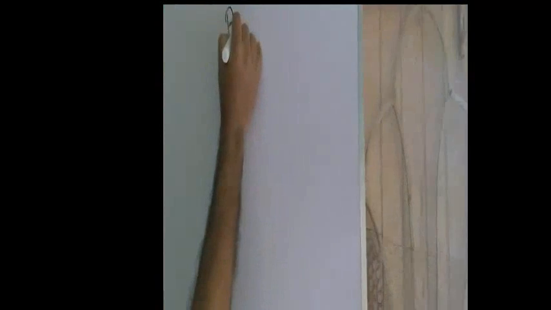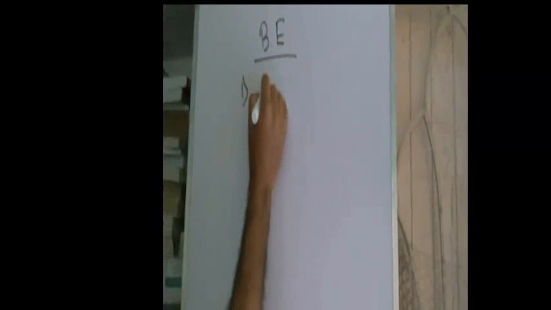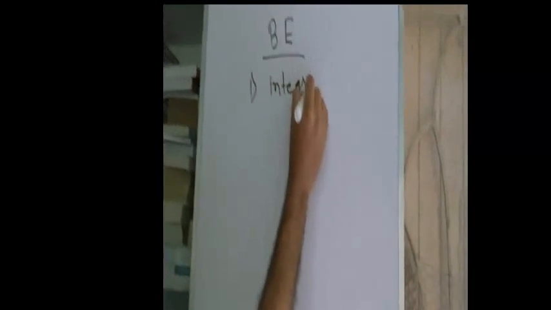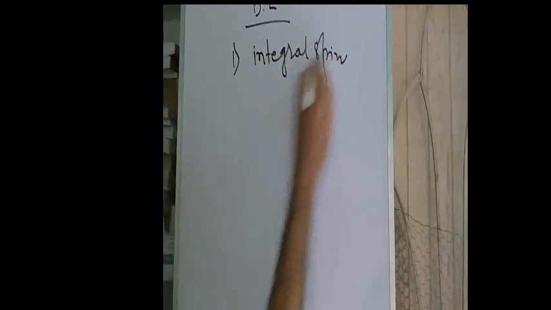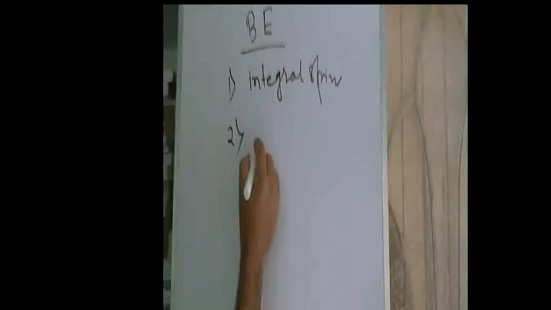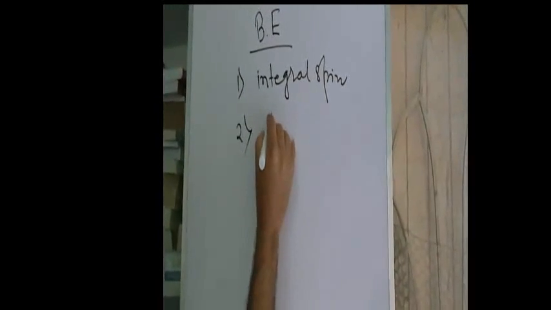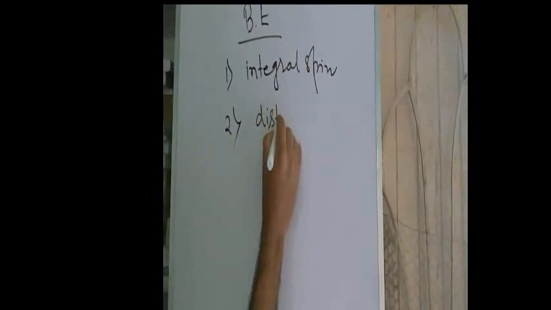Today we will discuss the Bose-Einstein distribution formula. In Bose-Einstein distribution, the particles have integral spin. The particles are indistinguishable.